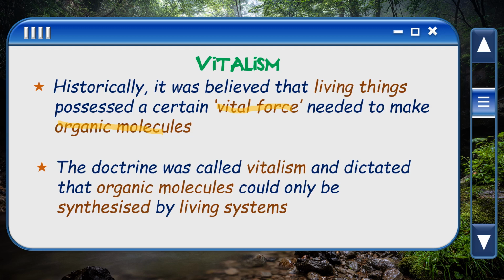This doctrine was called vitalism and dictated that organic molecules could only be synthesized by living organisms. So this doctrine of vitalism was saying that organic molecules can only be synthesized or made by living organisms or living systems.